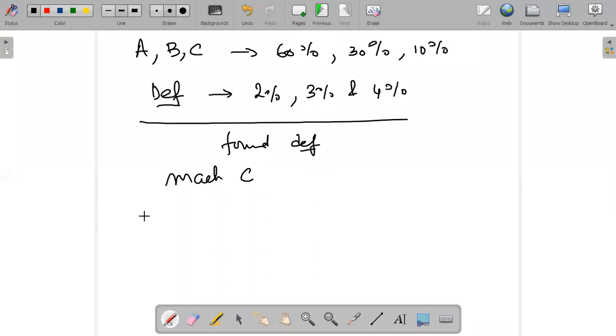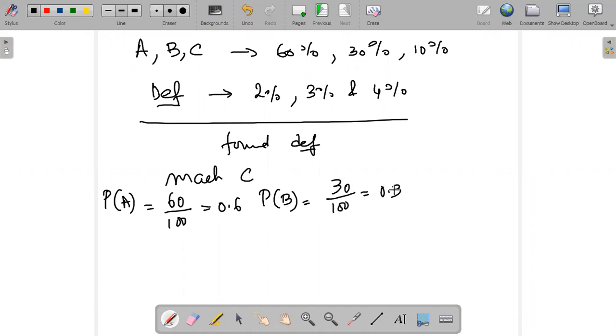Let us write down the probabilities. P of A, which is 60 by 100, that is 0.6. Probability of B, which is 30 by 100, which is 0.3.